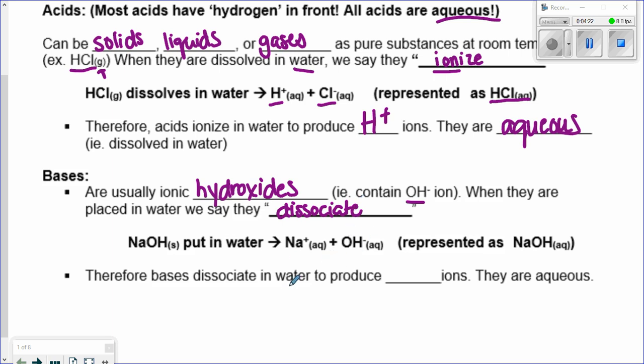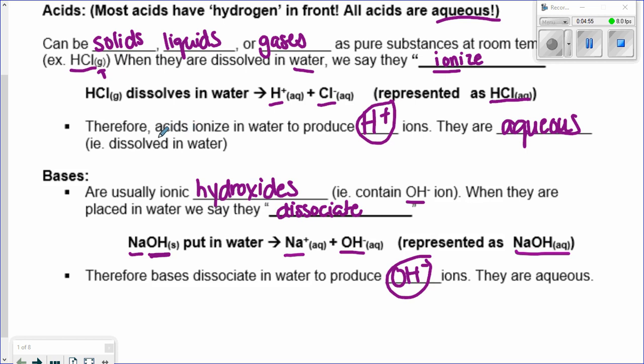So sodium hydroxide, the polyatomic OH is our hydroxide ion. When we put it into water, it produces sodium 1 plus ions and hydroxide 1 negative ions. And so again, we have an aqueous solution here. Therefore bases dissociate in water to produce OH minus ions. So that's the important part, when we're talking about hydroxide and when we're talking about hydrogen.